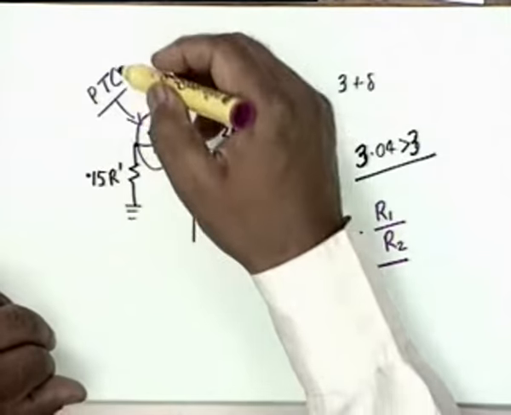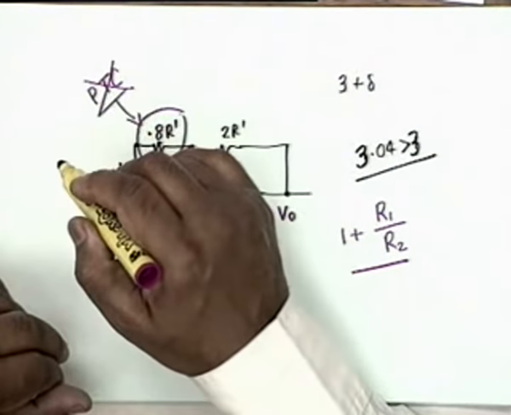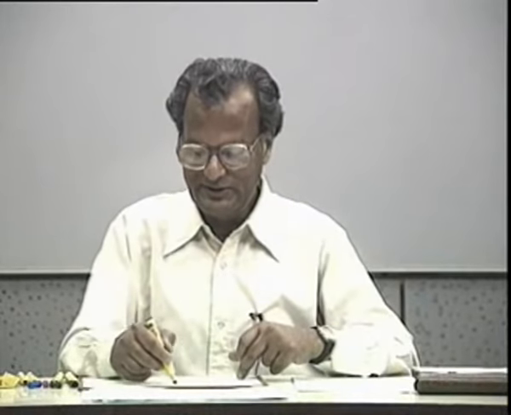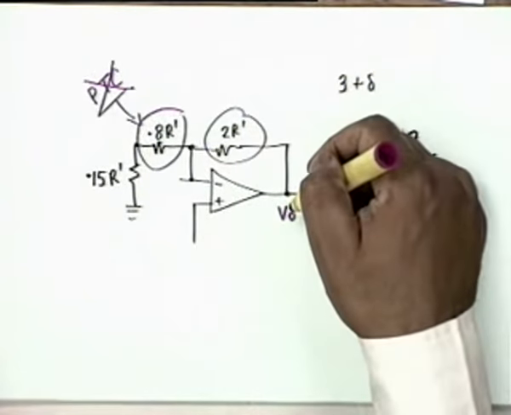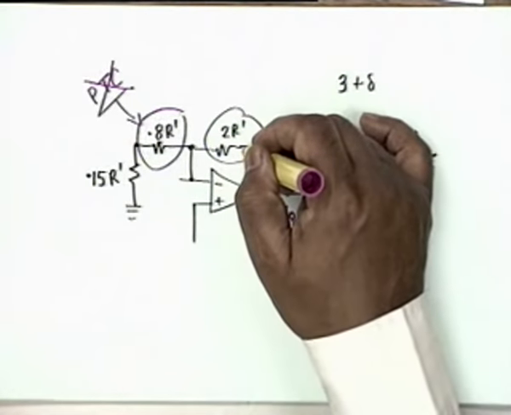On the other hand, if a PTC is not available and an NTC is available, then put that NTC here. Same effect. If V0 wants to increase, this will cause V0 to decrease. So a temperature sensitive resistor is required for stabilizing amplitude.